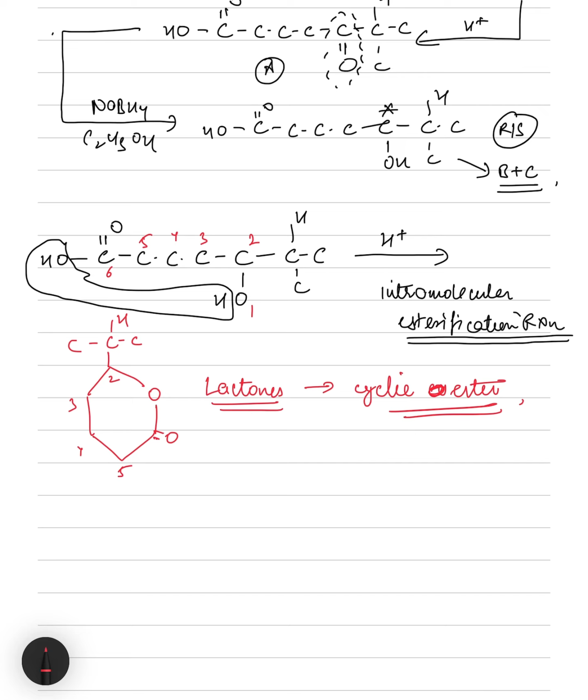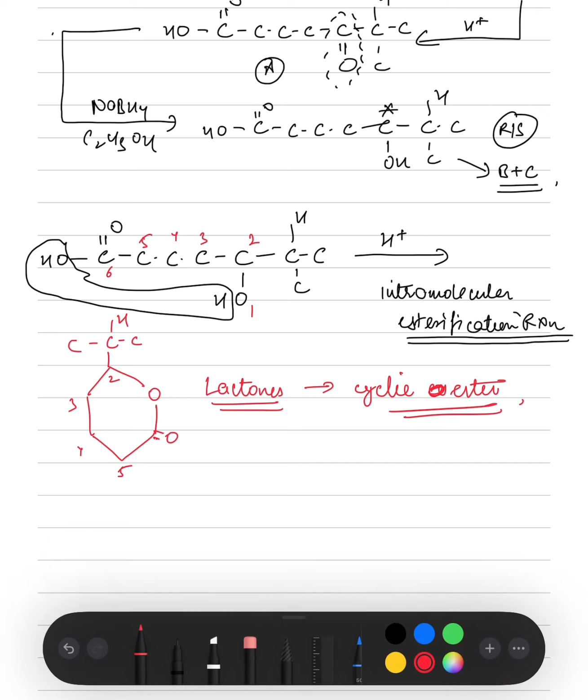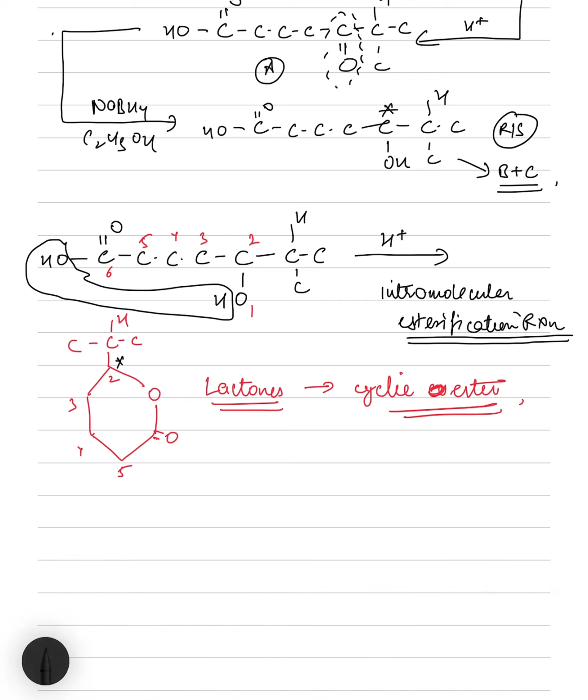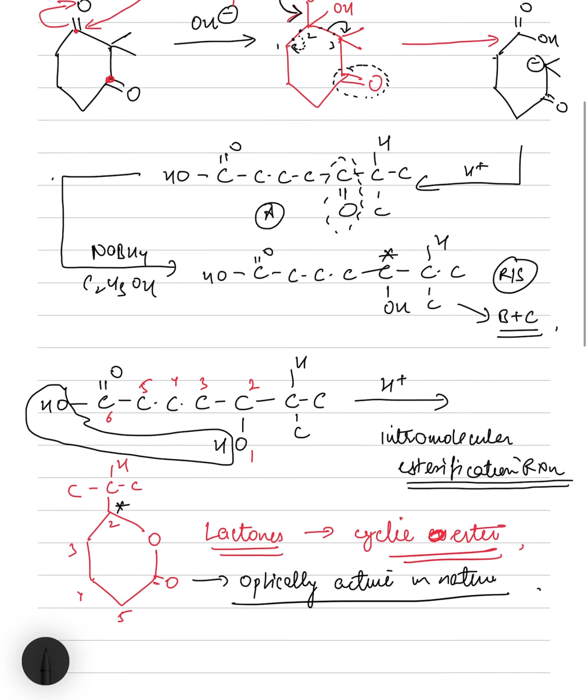And if you look at the C2 carbon, it is chiral in nature. The C2 carbon is the chiral center here. And this molecule possesses no plane of symmetry, no center of symmetry. That means it is optically active in nature.